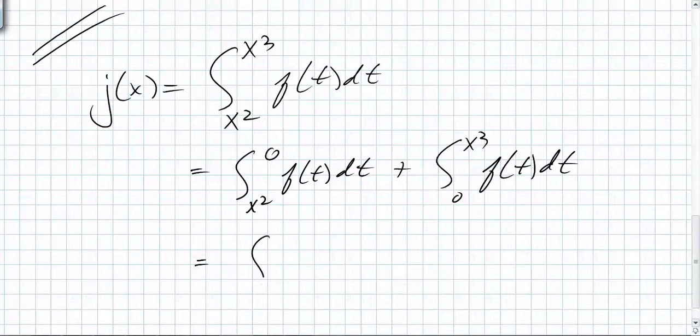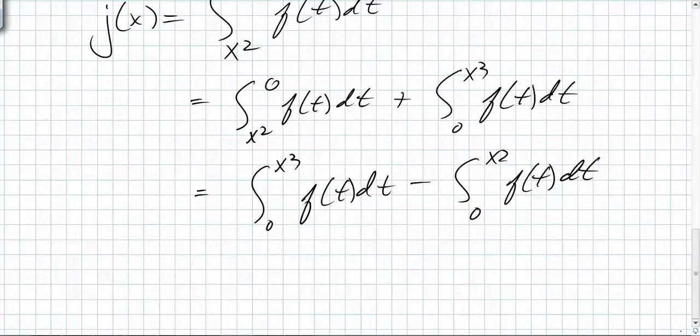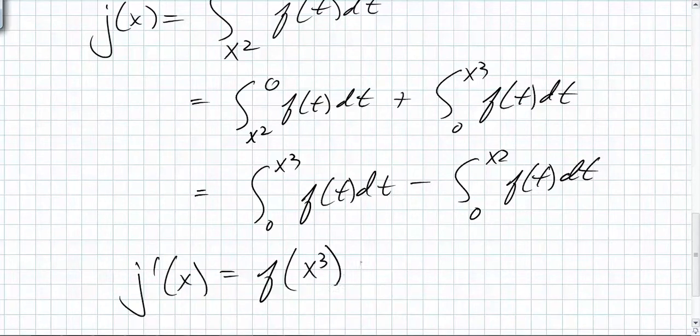So this would equal the integral from 0 to x cubed of f of t dt minus the integral from 0 to x squared of f of t dt. Now you could apply the fundamental theorem of calculus. If you wanted the derivative, what would j prime of x be? f of x cubed times 3x squared minus f of x squared times 2x. There it is. Does that make sense?